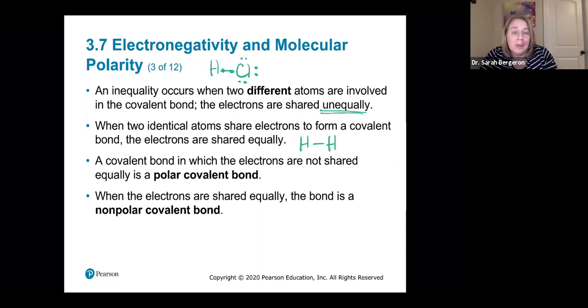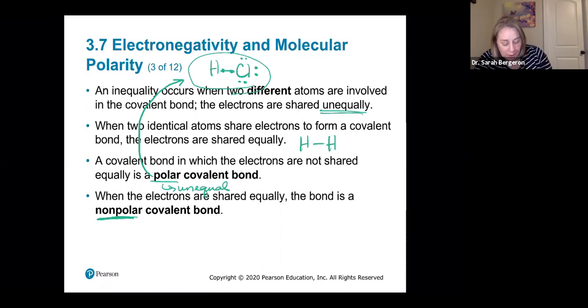So anytime we have a bond where the electrons are not shared equally, as in HCl, this is a polar covalent bond. We call it polar, polar meaning unequal. So polar means unequal. But when you have electrons that are shared equally, then the bond is called nonpolar.